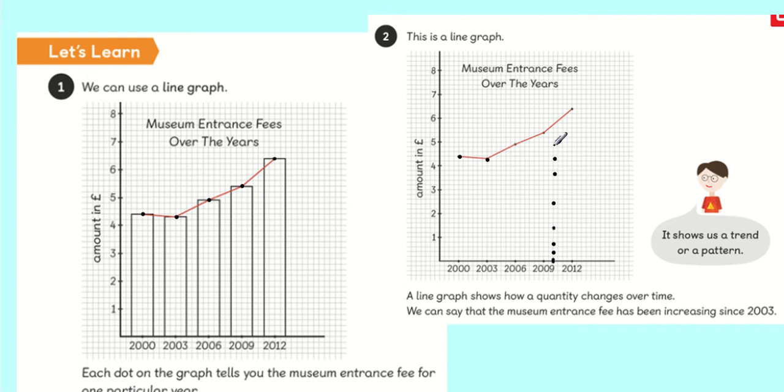Okay, so using our lines to help us predict, we could say that in 2010, if I drag my line along correctly, that the museum entrance costs £5.80. 2, 4, 6, 8, 80. £5.80. So we can use a line graph to predict values that we don't actually have the data for. No one's told us that in 2010 it was £5.80, but we can predict that it might have been using our line graph.